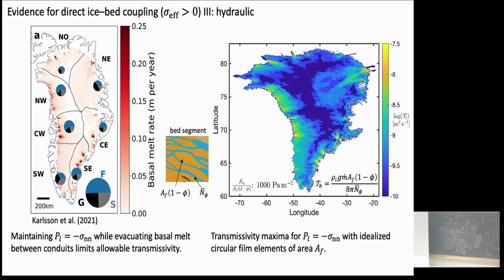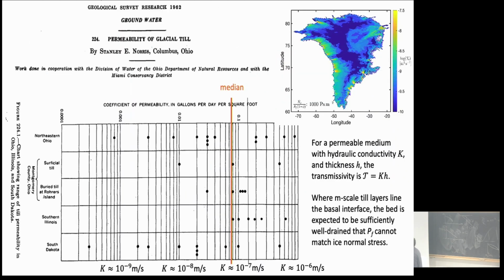But I can calculate what the transmissivity would need to be for this case, and I get this map up here. It's in log units. I'm sure that you're not all used to thinking about transmissivities and whether these units make sense or not. So here's a coefficient of permeability for glacial tills by this author in the helpful unit of gallons per day per square foot.